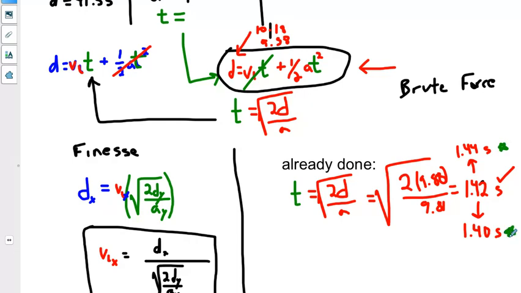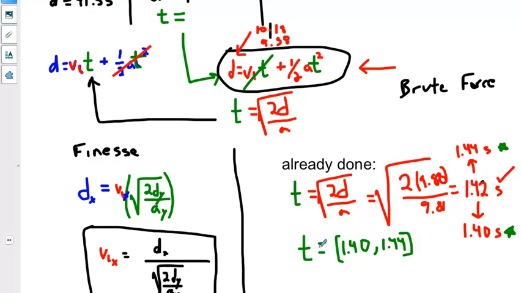So when you said the time this took to hit the ground was 1.42, you were not justified in saying that is the answer. What you're really justified in saying is that the time is somewhere between, we use that bracket notation from math, 1.40 and 1.44 seconds. That's really what this is saying.